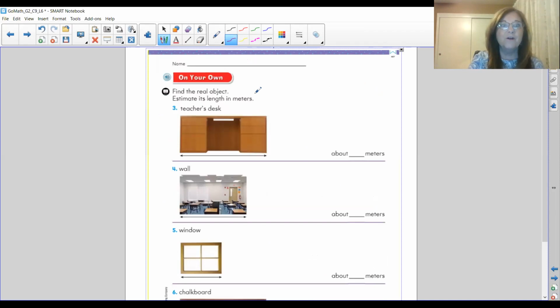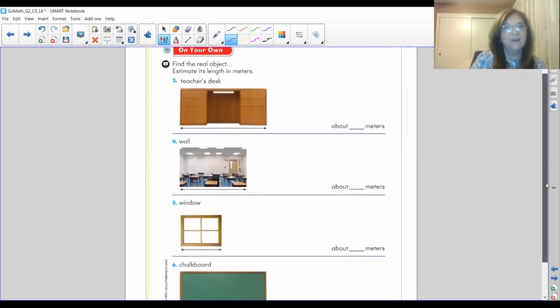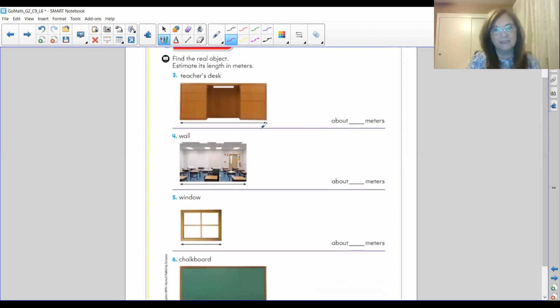This is on your own. Now, some of these things are objects that we talked about in yesterday's lesson. So the first thing is the teacher's desk or any desk. If you don't have a desk, maybe you could measure or estimate a couch and just write couch up here instead of desk and just estimate.